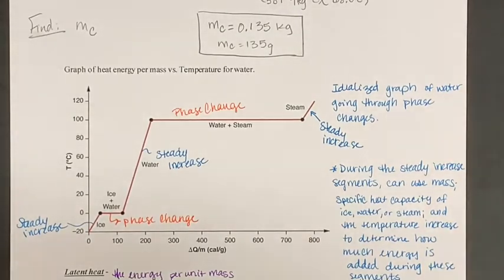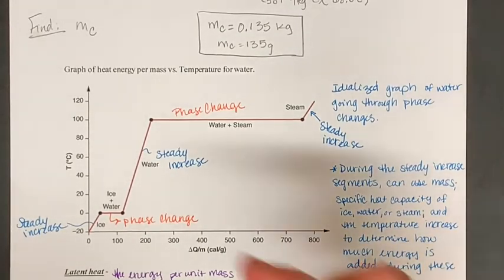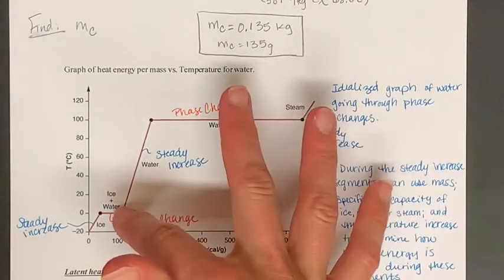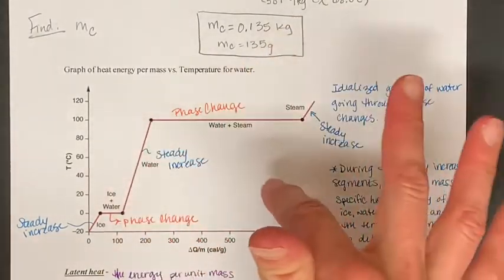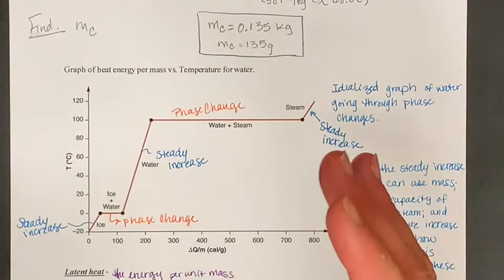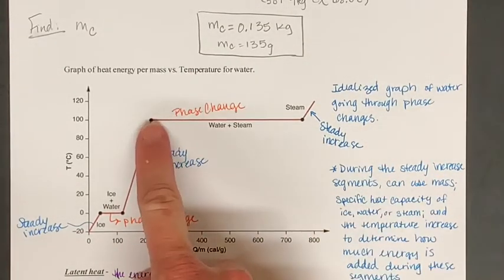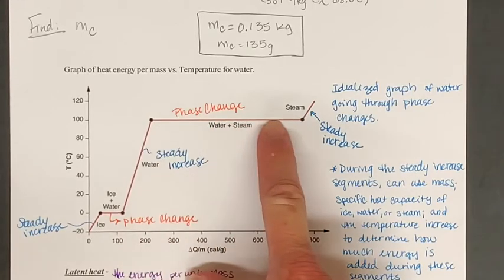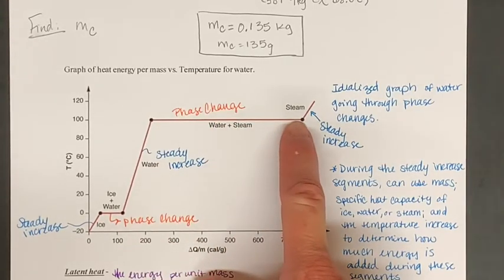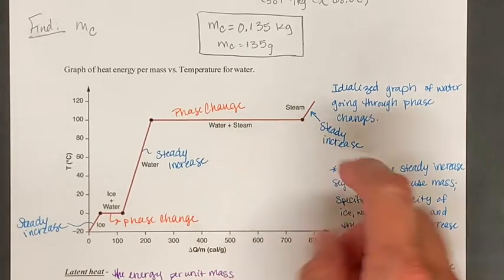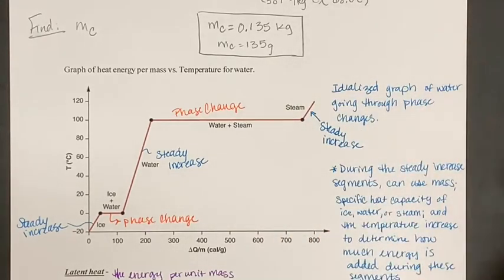That heat is going into other things. And then once you all have water again, you have a steady increase of temperature until your water is changing from liquid to gas. During this phase change, it stays at a constant 100 degrees Celsius. Then once it's all steam, it can increase again.